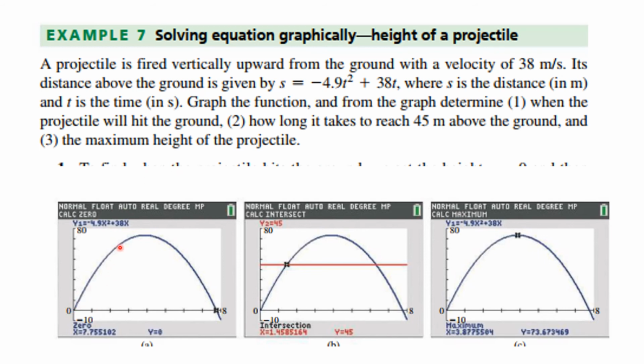It goes up, and then it comes down. Often you're interested in when it hits the ground, and you're interested in how long it takes to get up here. At any height, you can ask how long it takes to get to that height. So it hits this height going up, and then it hits that same height going down. Sometimes there are two solutions, and here they're talking about the vertex.